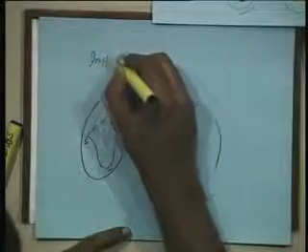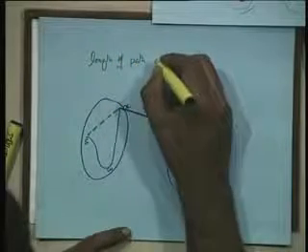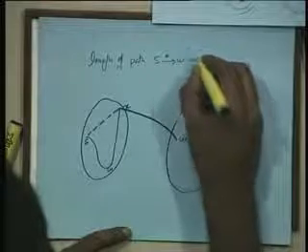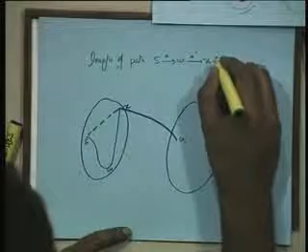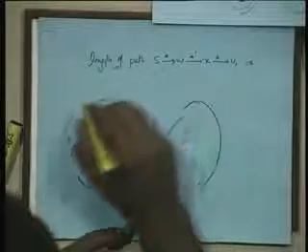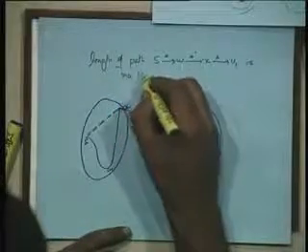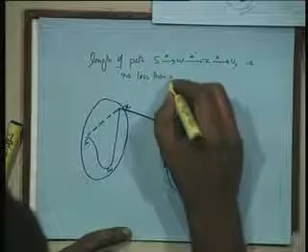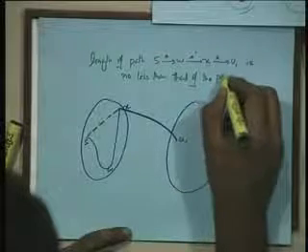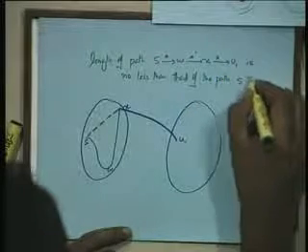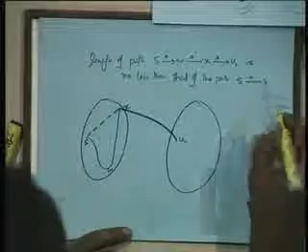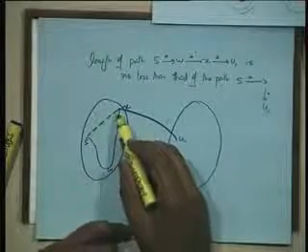Length of path S to W to X to U1 is no less than that of the path S to X to U1, where what is the path from S to X I am taking?